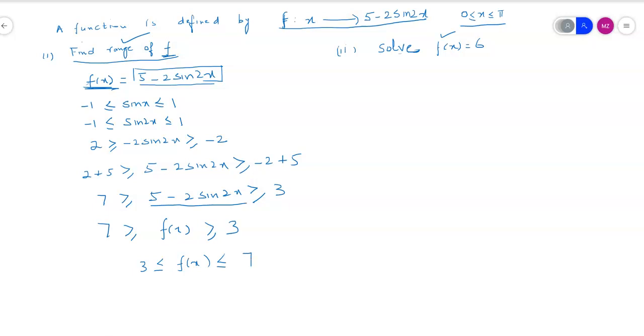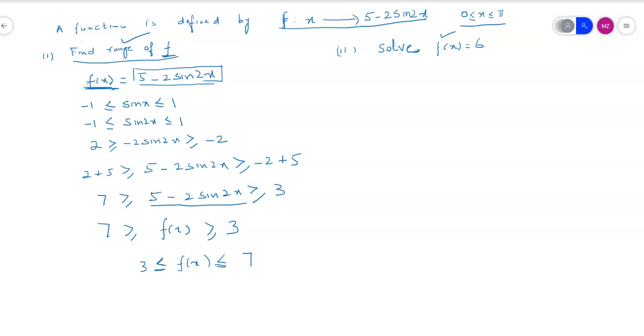So f of x will always lie between 3 and 7, including of course 7 and 3, because we have the sign of equality as well. So the range of this function is between 3 and 7, including 3 and 7.